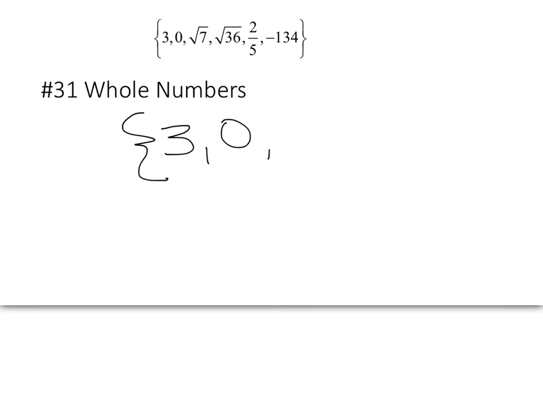Yes. Is the square root of 7 a whole number? No, it's not. Is the square root of 36 a whole number? Yes, it is, because the square root of 36 is 6. Is 2/5 a whole number? No, it's not. Is negative 134 a whole number? No, it's not. So that finishes our set of whole numbers.